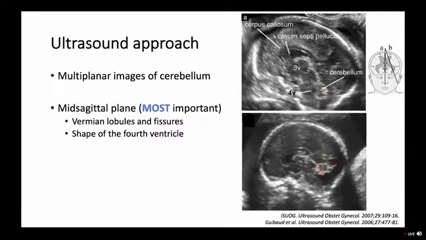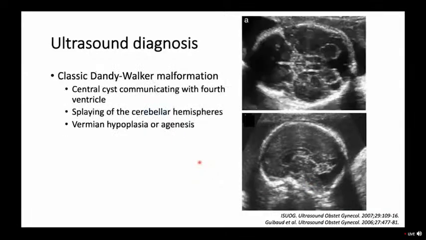Or is it tented upward and superiorly with a big gap in the lower posterior fossa? That mid-sagittal plane, the transcerebellar coronal plane, and that transcerebellar transverse plane are the most important imaging planes for this diagnosis.